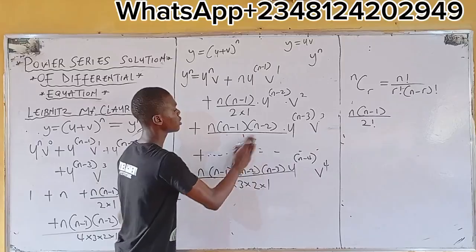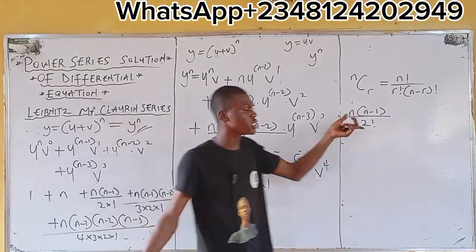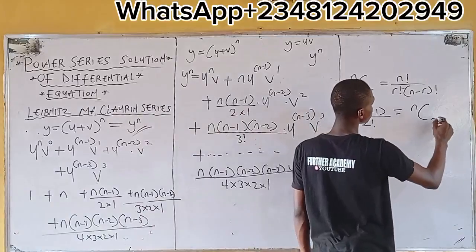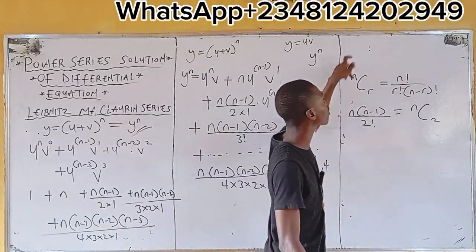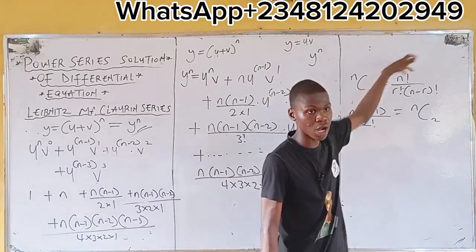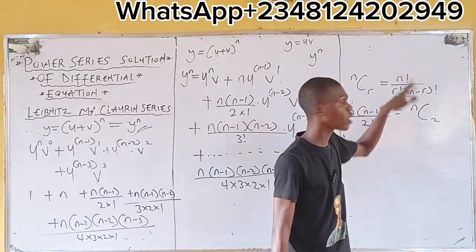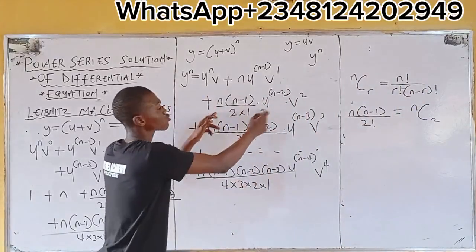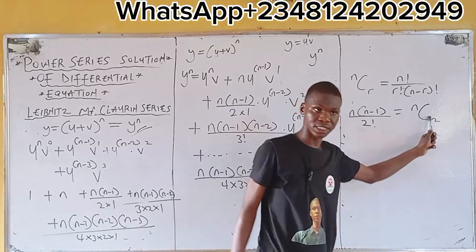So what I'm having is n combination 2, because n combination r equals n factorial divided by r factorial into brackets n minus r factorial. This particular coefficient is the same thing as this.